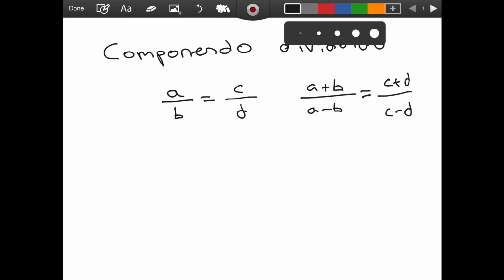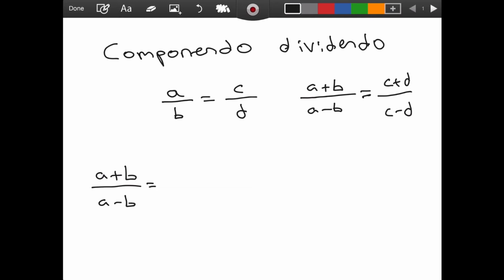So I start by rewriting the left side, A plus B over A minus B. Now, we look at this and we say, okay, let's just express A or B in terms of the other letters. So using the boxed in equation, we can write that A is equal to BC over D, right?